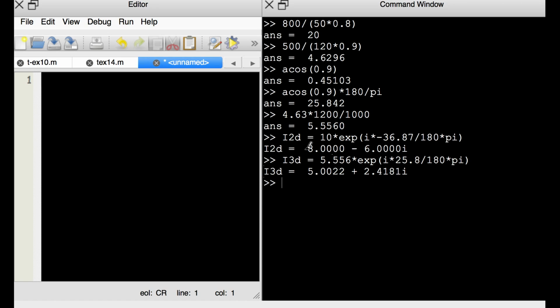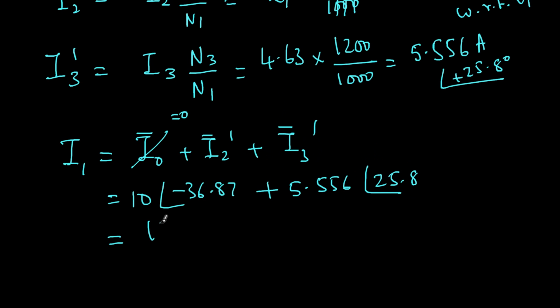So I'm getting I3 dash also. Now finally I1 is nothing but I2 dash plus I3 dash. So I'm getting this current 13 minus j 3.58. This is I1.